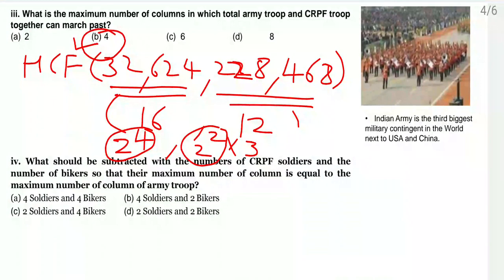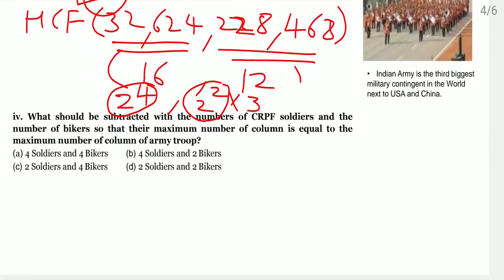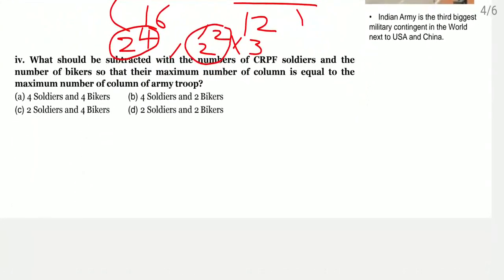Now come to the fourth one. What should be subtracted from the number of CRPF soldiers and the number of bikers so that their maximum number of columns is equal to the maximum number of columns of army troops? For army troops, the number of columns is 16, and for CRPF the number of columns is 12.